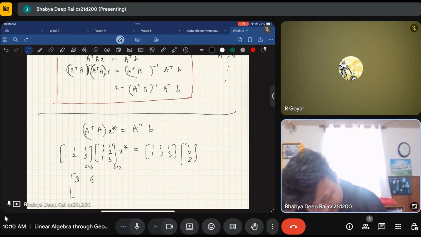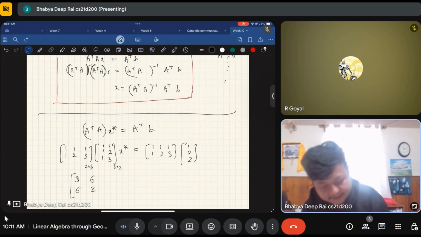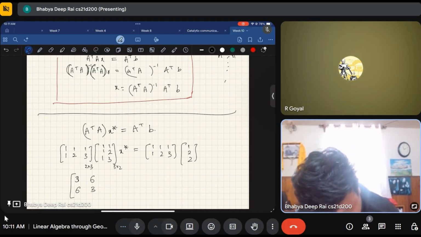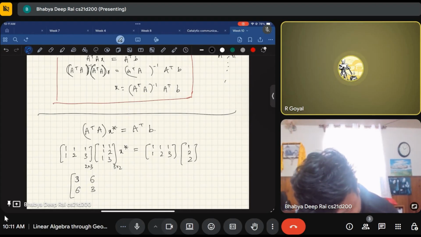The bottom row with the first column, 1 plus 2 plus 3 is again 6. It'll be symmetric anyway. And here it will be 3. Is that correct? Yes, it's correct.